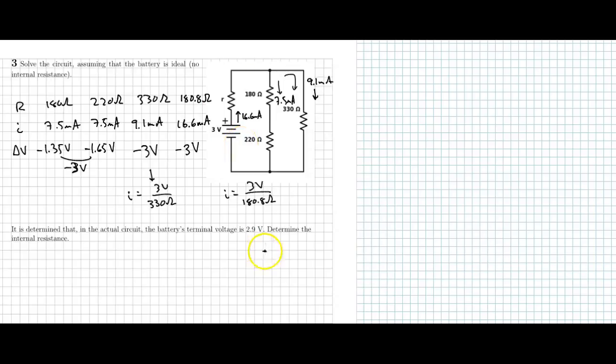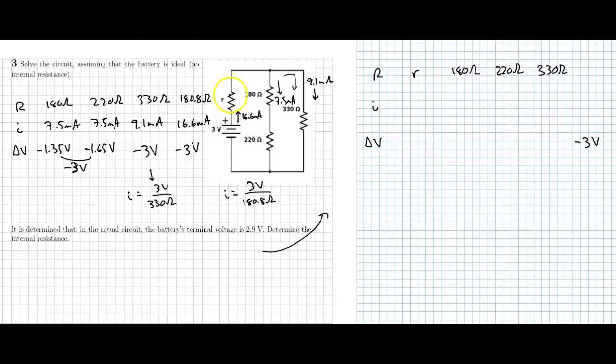All right, I'll go over here to the side, make a new chart, start to put some of these things in. So there's the internal resistance, which I don't know. There's 180 ohm, the 220 ohm, the 330 ohm, and then the total, which I'm not sure of as well. I do know that I'm going to lose 3 volts across the whole thing.